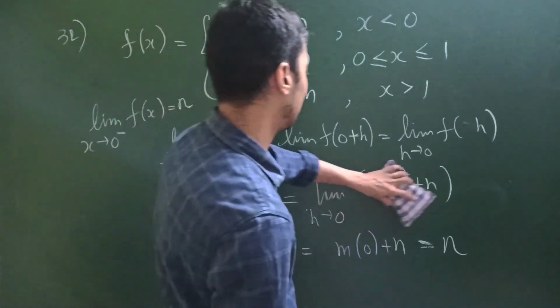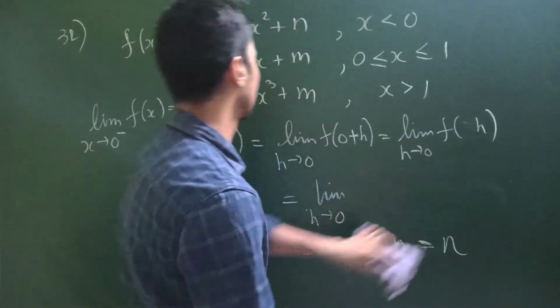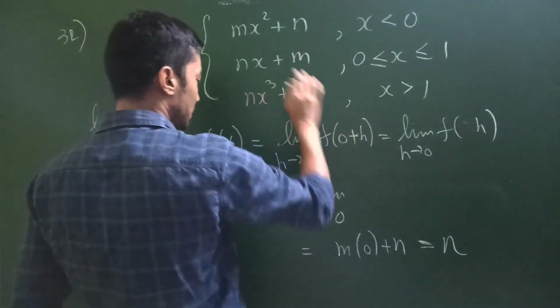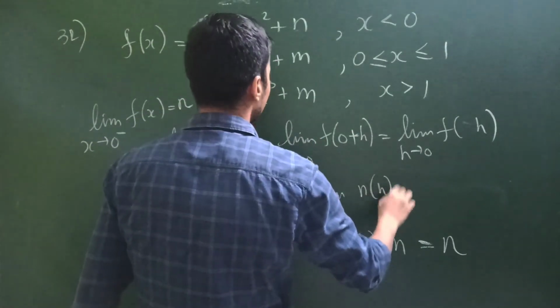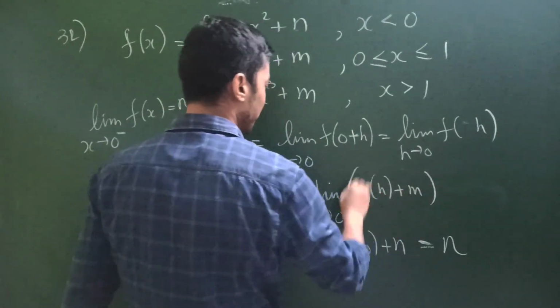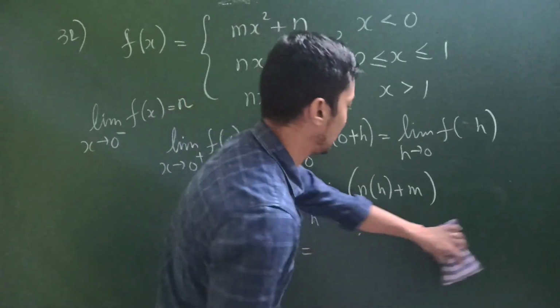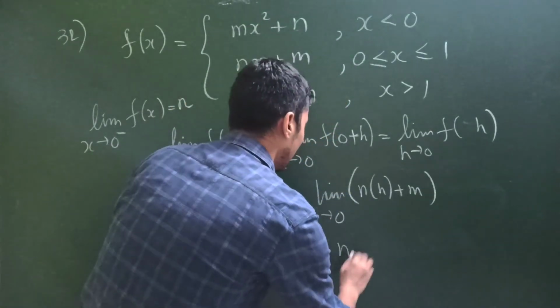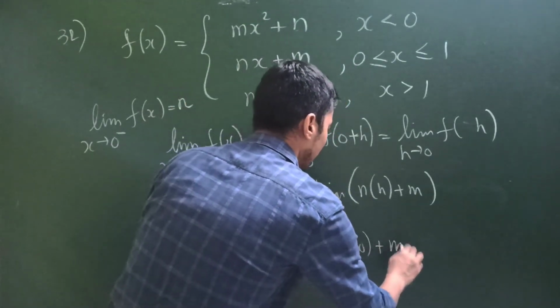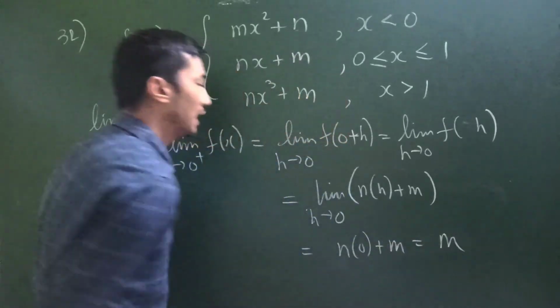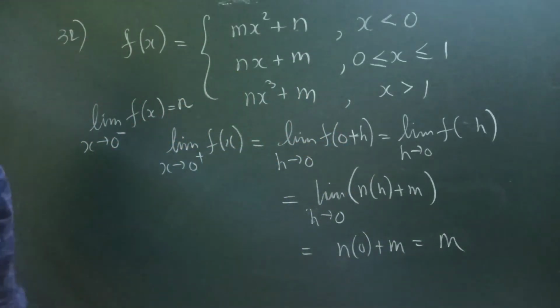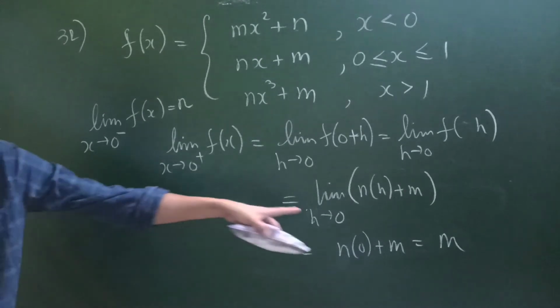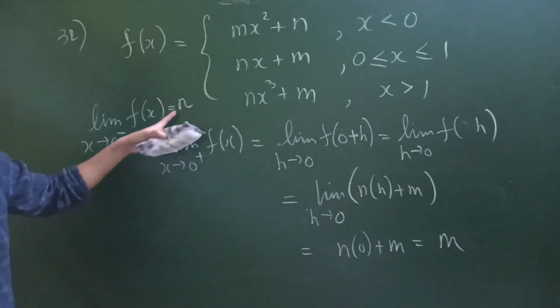That is when x is greater than 0, we use n into h plus m. So a slight change, that is going to be n into 0 plus m. So what do we have here? m. So that means our right hand limit is m and the left hand limit is n.